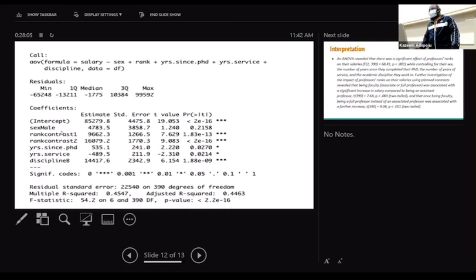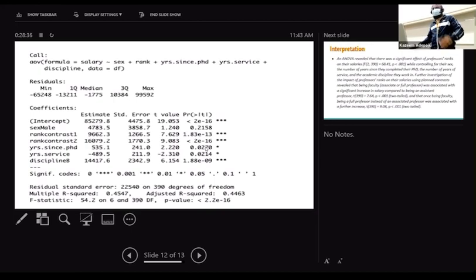Now, if we want to take a decision, it's very, very simple. You look at the p-value associated with the rank contrast 1, and you look at the p-value associated with the rank contrast 2. Then you see that the two contrasts that we ran are significant, which means there's a significant difference between the salaries of a non-tenure track and a tenure track.